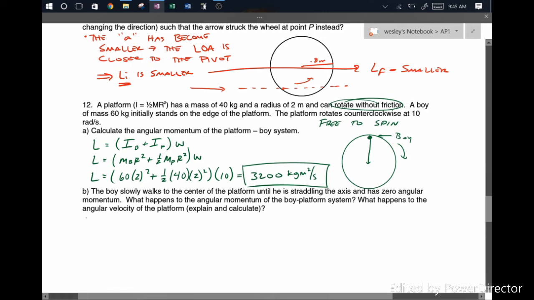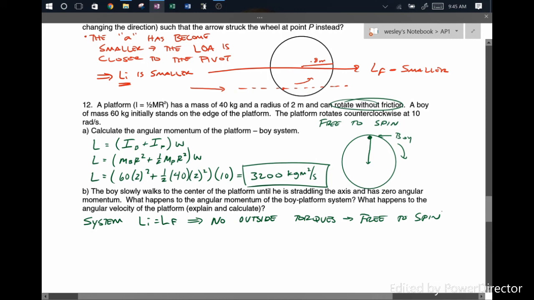So for the system, L initial is equal to L final because we have no outside torques. We are free to spin.